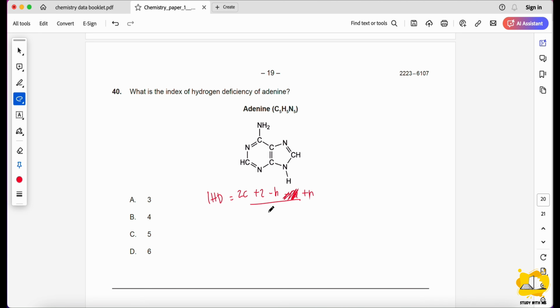So divided by 2, 2 times 5 plus 2 minus 5 plus 5 divided by 2. So 2 times C.